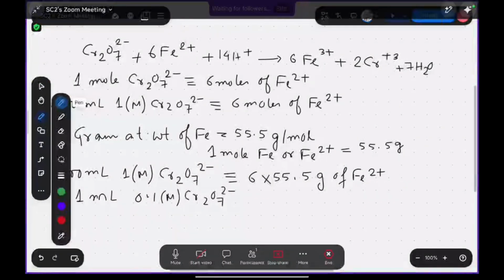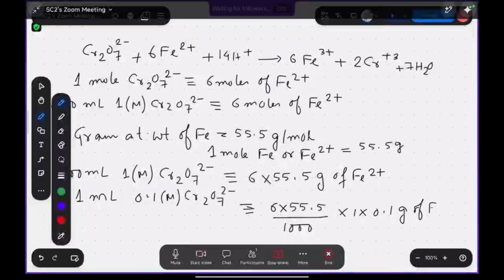For 1 mole it is 6 into 55.5. But for 0.1 molar and 1 milliliter, the answer comes to be 6 into 55.5, obviously divided by 1000 first, into 1 into 0.1 gram of Fe2 plus.